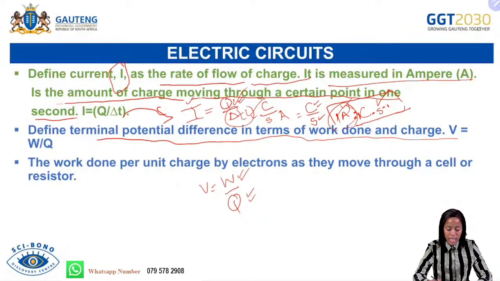So with the potential difference, what is the unit that we are going to measure the potential difference with? The potential difference is measured in volts, okay?